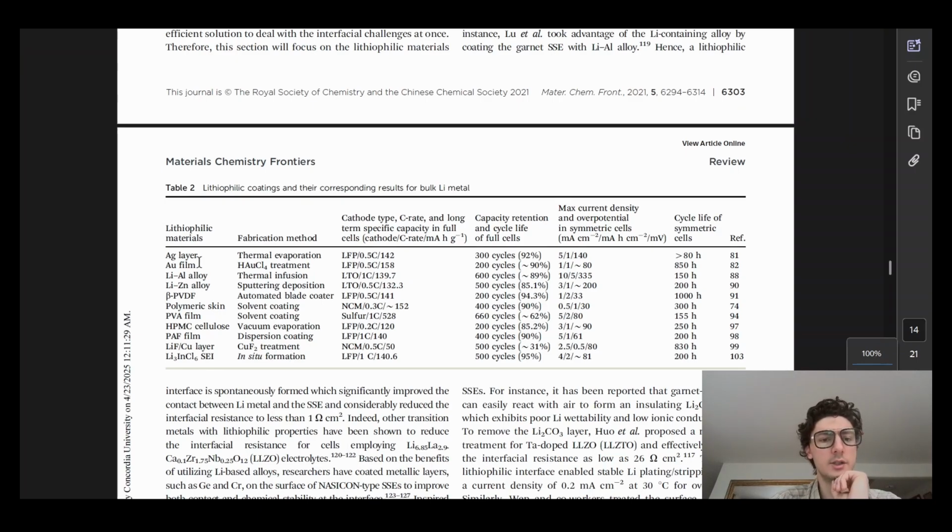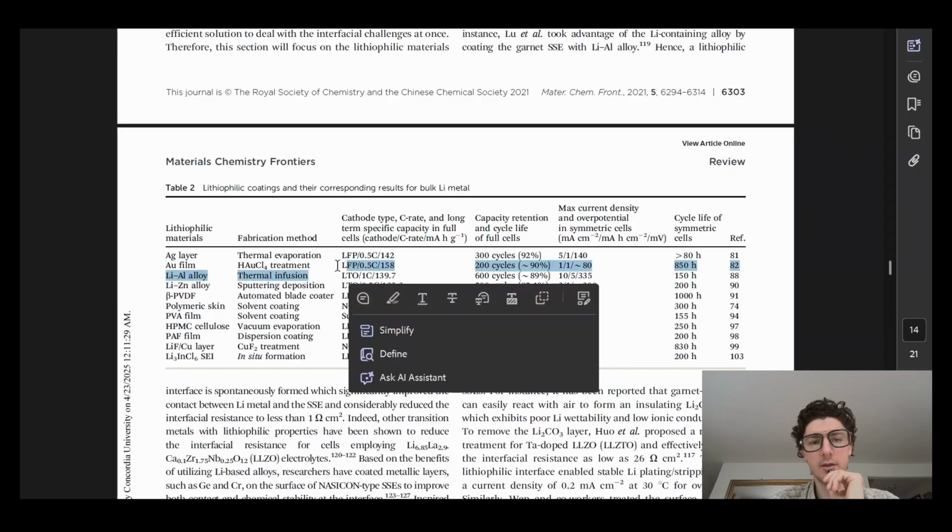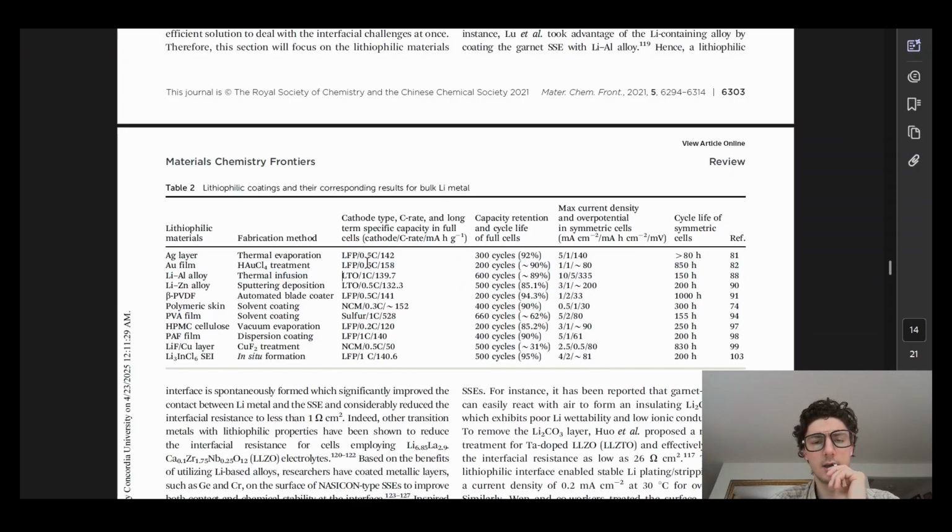Here we got silver and gold films/layers. And we have them made with the LFP cathode. And the C rate is the same, and the specific capacity is that. So it looks like gold and silver are the top always.